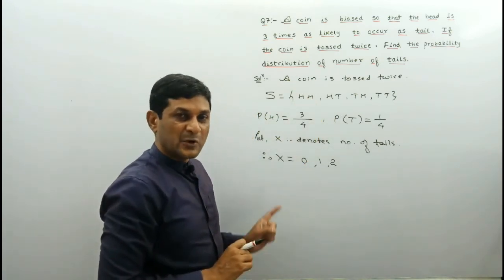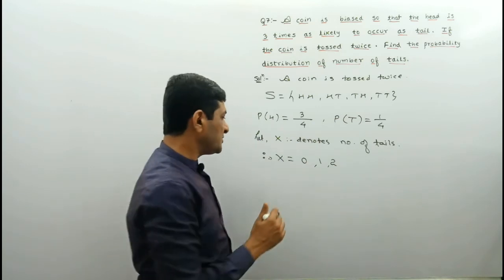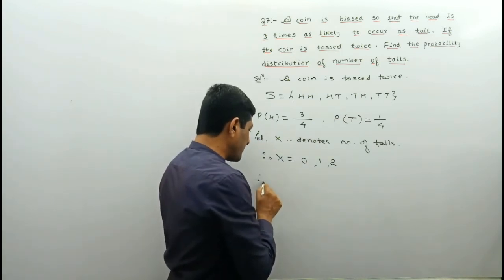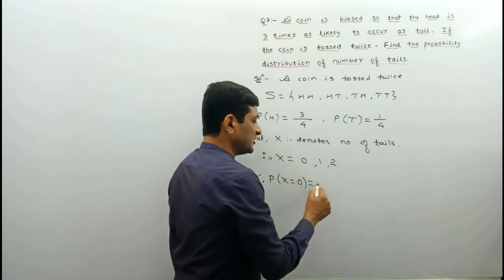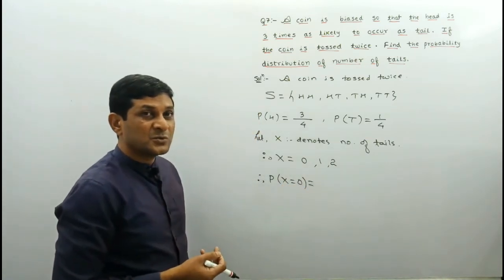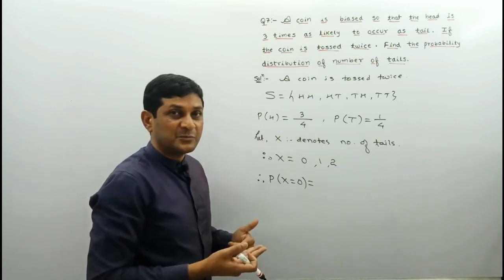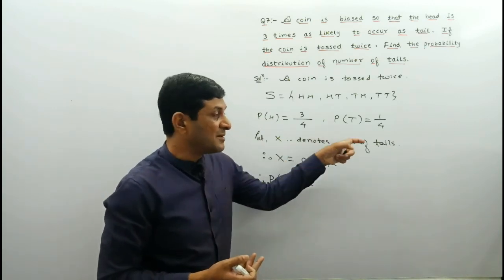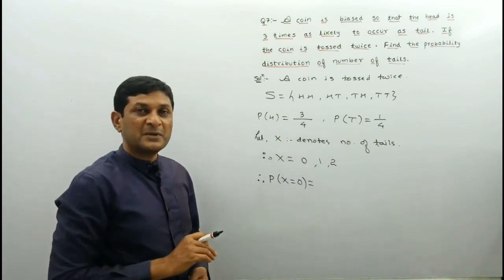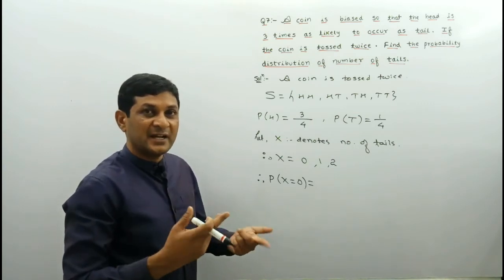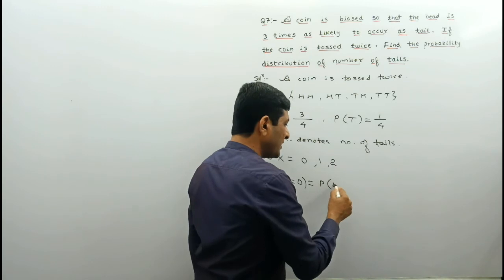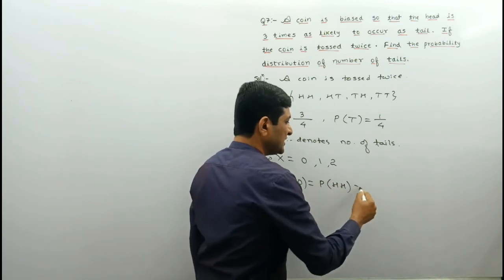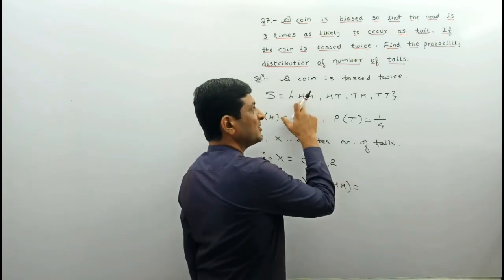Now we are finding the probability when x is equal to 0. Now x equal to 0 means the number of tails is 0, which means both times head comes up. So we have to find the probability of HH.